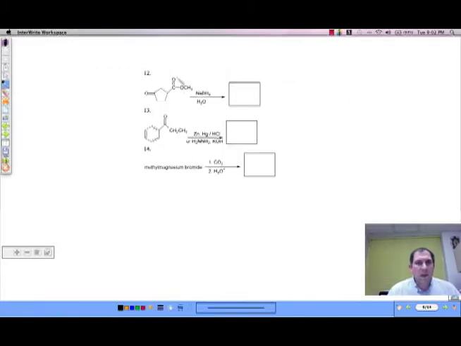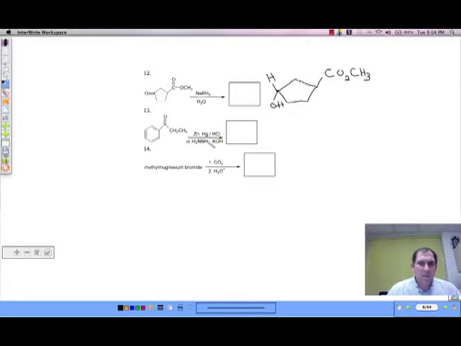Wait a minute, we have an ester here, which is an acid derivative, and we have a ketone, and we're using NaBH4. If we're using those functional groups and NaBH4, we know that NaBH4 will only reduce ketones and aldehydes, so we'll put our reduced ketone, but realize that the ester does not get reduced. This on the top, the zinc, Hg, and HCl, is called a Clemmensen reduction.